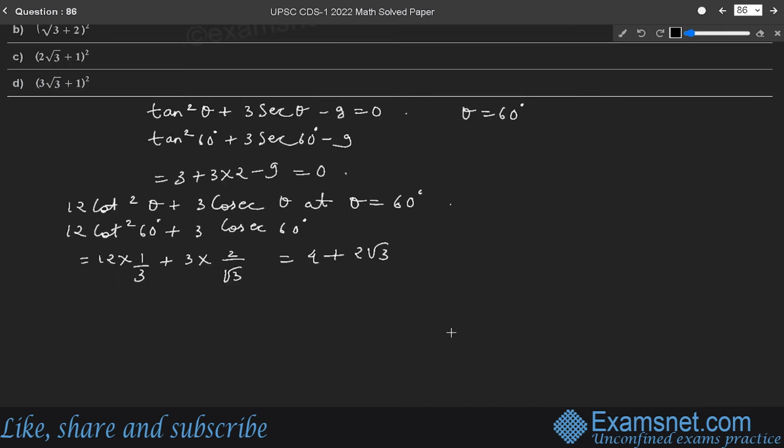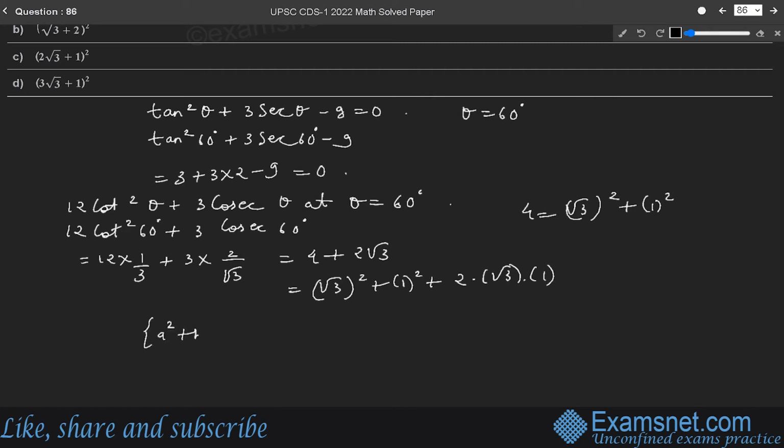Now 4 plus 2 root 3 can also be written as root 3 whole square plus 1 square plus 2 into root 3 into 1. See, 4 can be written as root 3 whole square plus 1 square. So now we use the formula a square plus b square plus 2ab is equal to a plus b whole square.